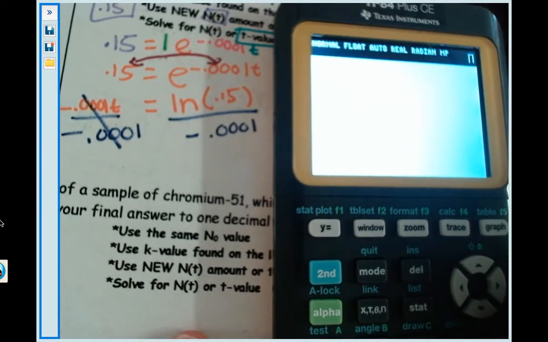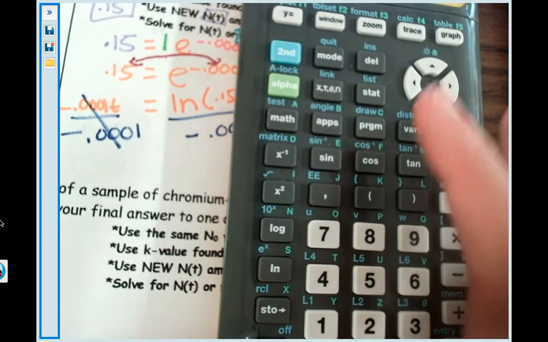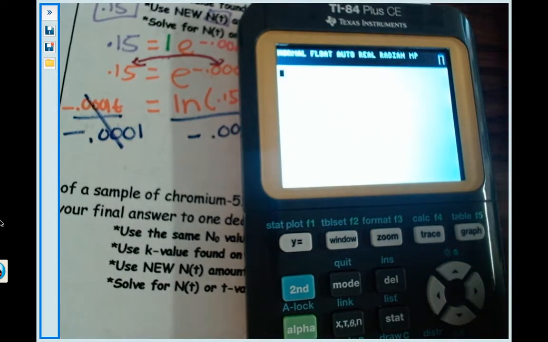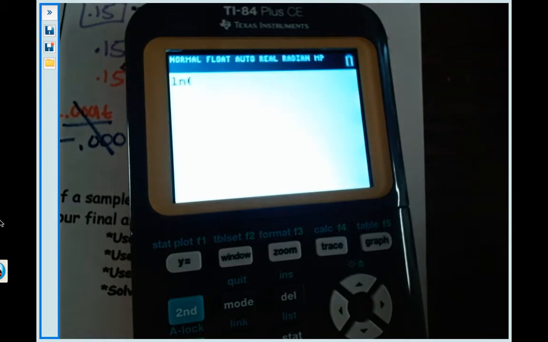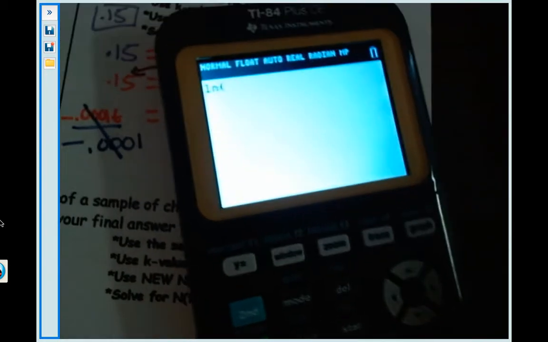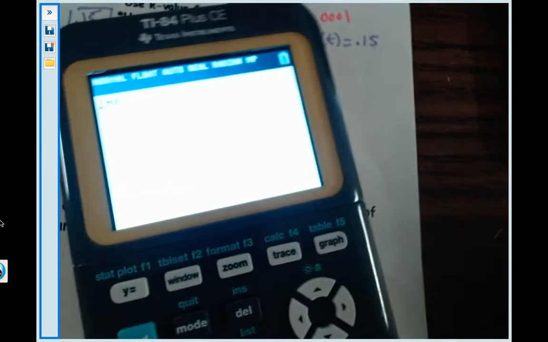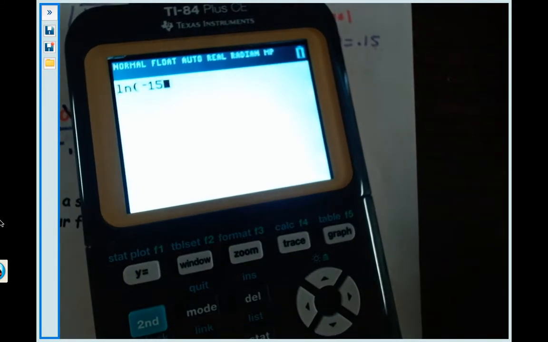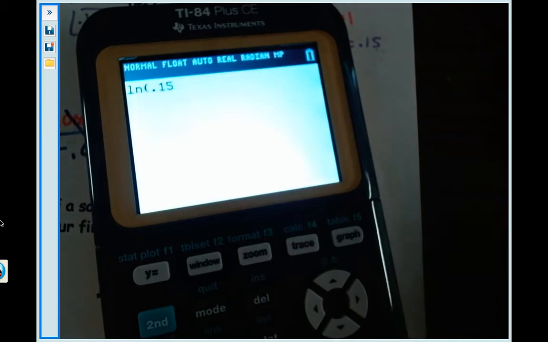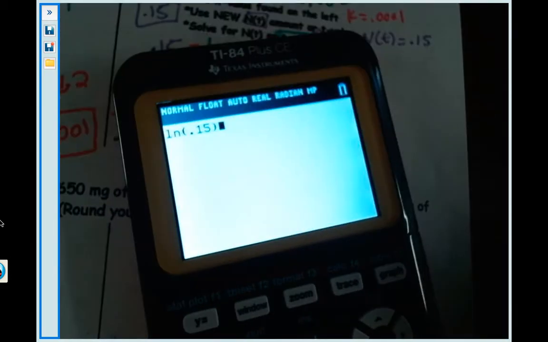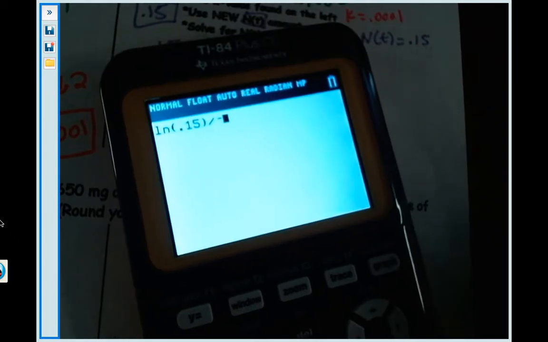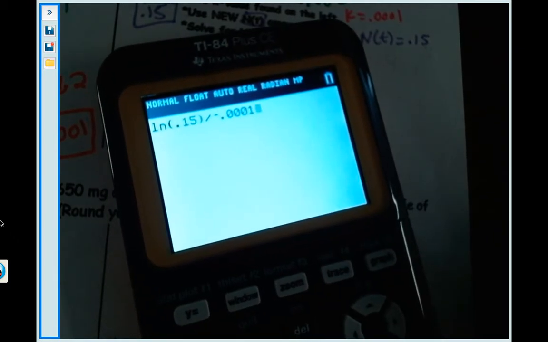I'm going to hit the natural log key, which remember is beside the 4 button down here. So natural log of 0.15, close my parenthesis, and then divided by negative 0.0001.